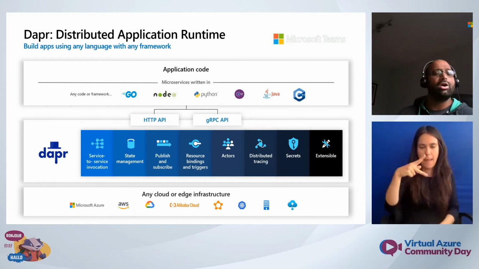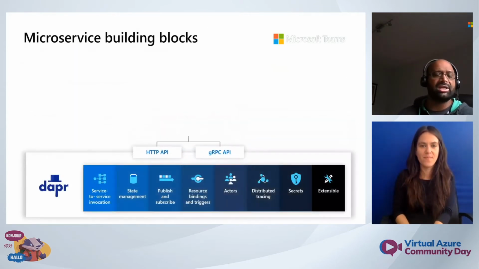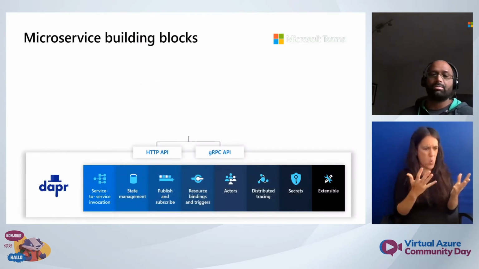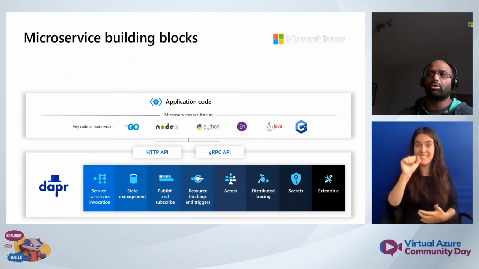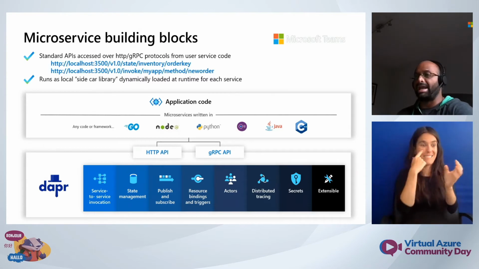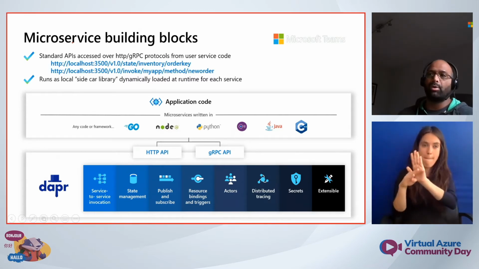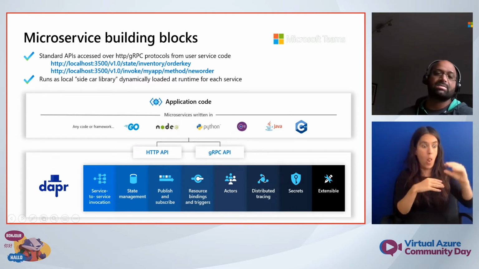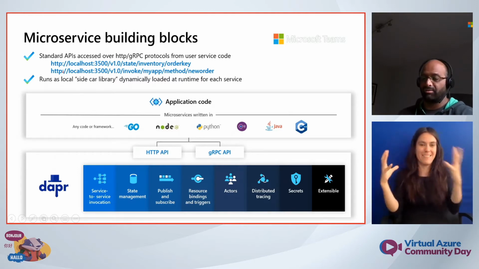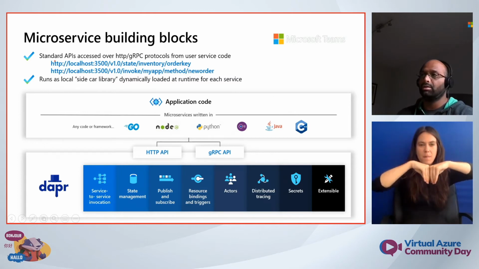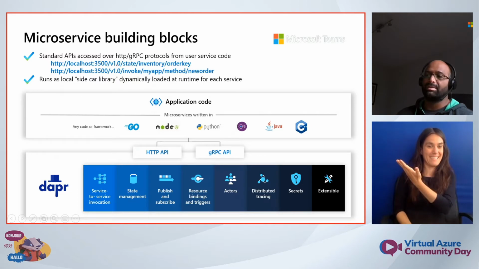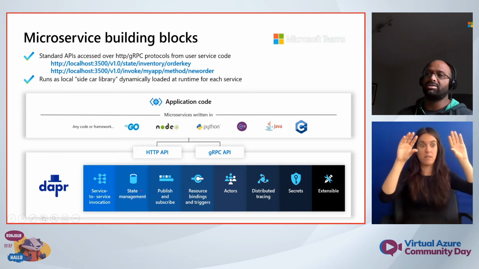Now, how do you make use of these building blocks in your code? Dapr provides functionality to your code as a set of standard local endpoints. As you can see, all the building blocks of Dapr are exposed as local endpoints. In this URL, I'm exposing the state management block in this format.